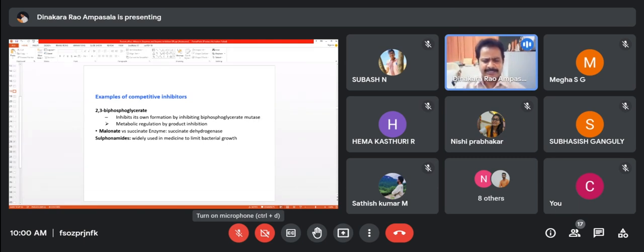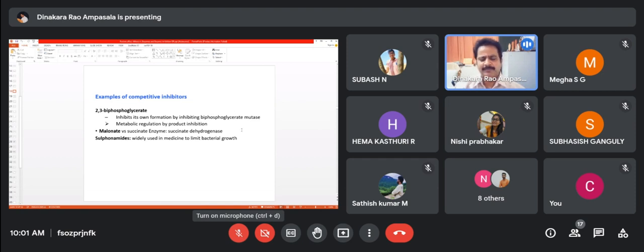This is metabolic regulation by byproduct inhibition. 2,3-bisphosphoglycerate is a byproduct here. When 2,3-bisphosphoglycerate is in excess, this molecule will bind to the bisphosphoglycerate mutase enzyme, an isomerase enzyme, and inhibit the formation of 2,3-bisphosphoglycerate.